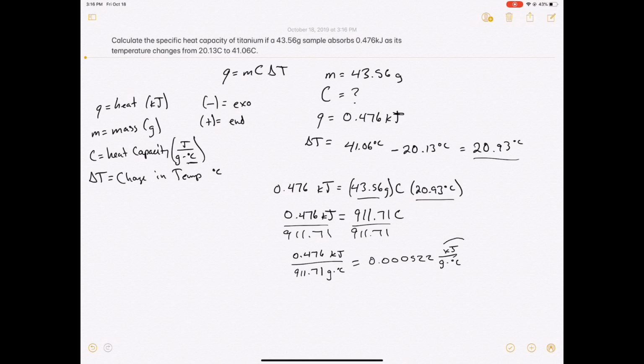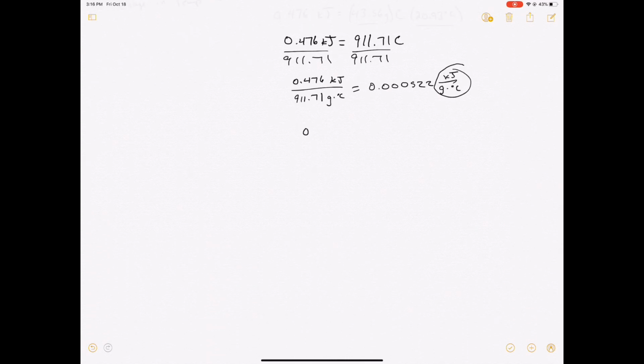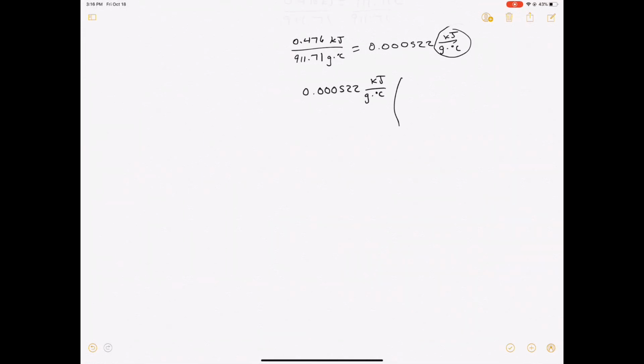We have to look specifically at our units. We're looking for heat capacity, and we have to remember our units should be in joules per gram times degrees Celsius, and right now we have kilojoules per gram times degrees Celsius. So we just have to do a simple conversion of kilojoules to joules to get our final answer. We have 0.000522 kilojoules per gram times degrees Celsius. We'll make a fraction.